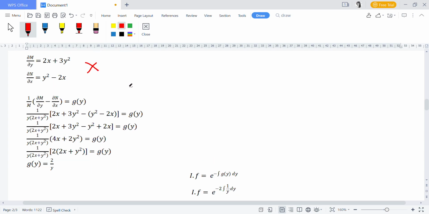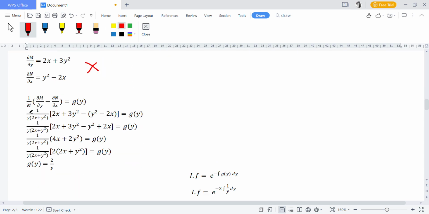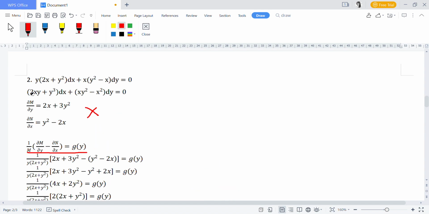As you can see, these equations are not the same, so we're going to use an integrating factor. This time, we're going to use the g of y, or we're going to use this equation, the function of y alone. Let's just substitute this one with the value of M, which is this one.